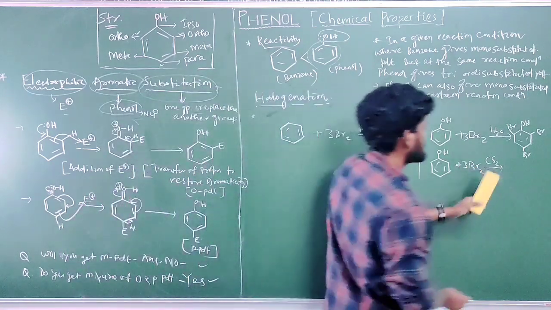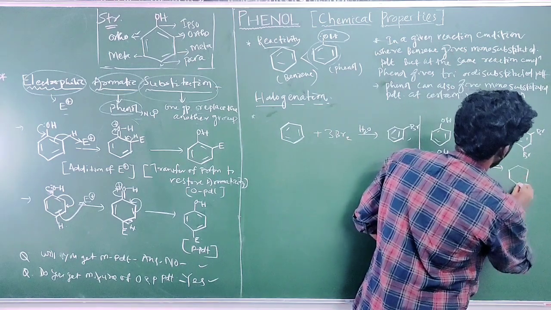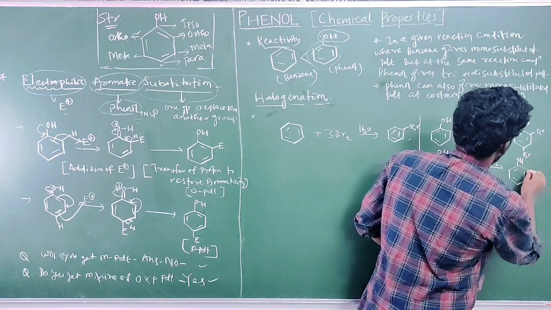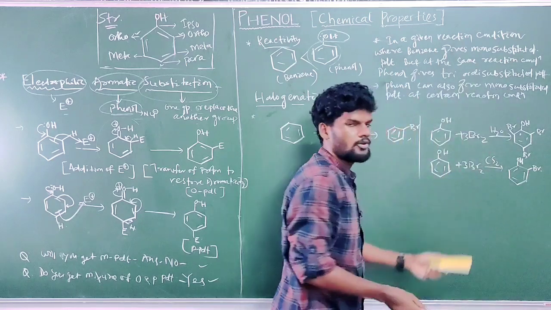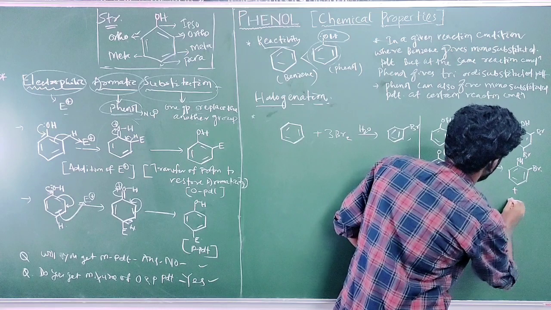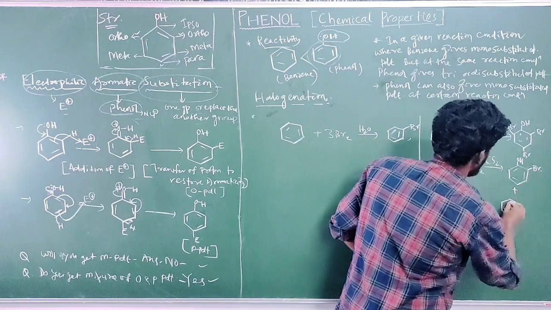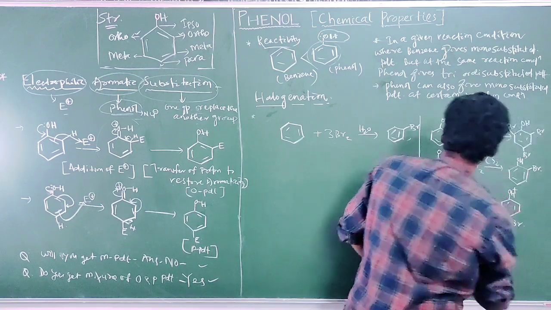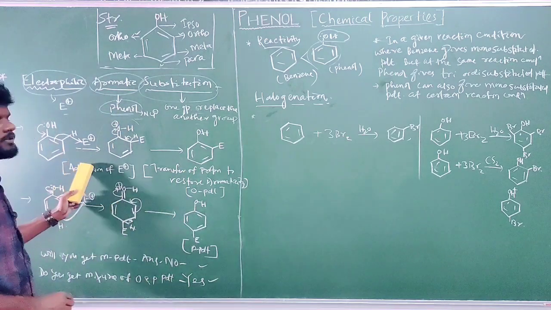So in case of CS2 as a non-polar solvent, you will get a mono substituted product, Br here. Or the ortho product, and you can also get the para product, a mixture of ortho and para product, right? Mono substituted, Br.